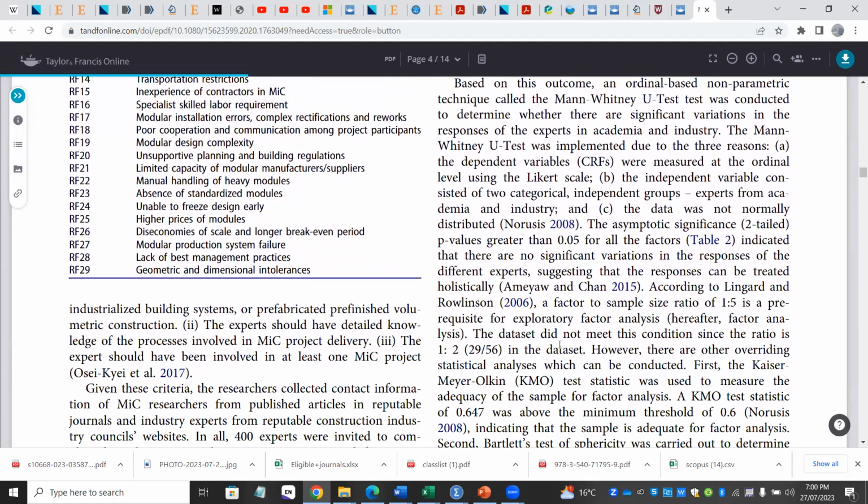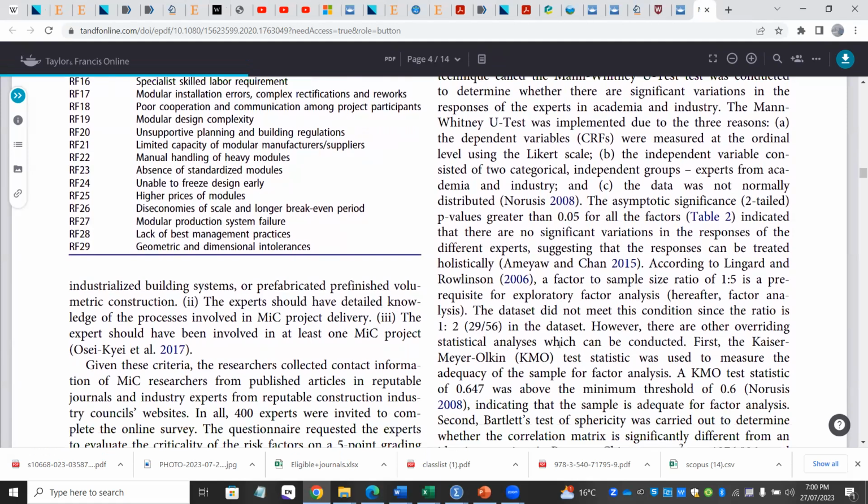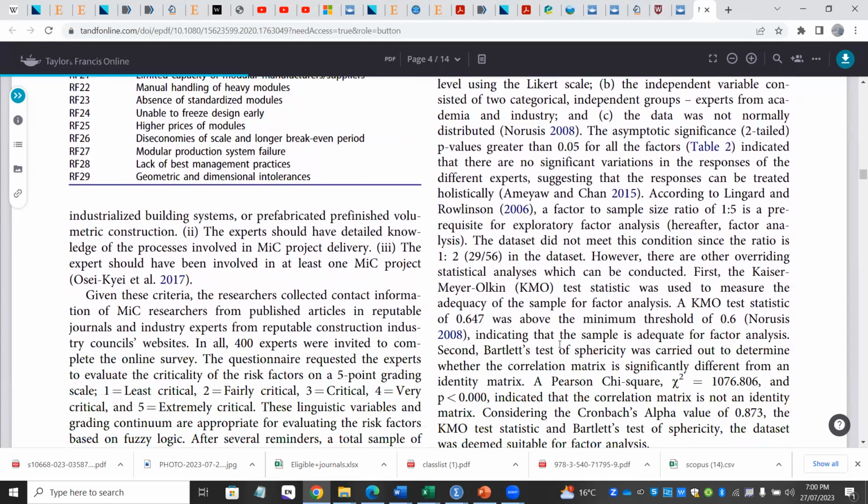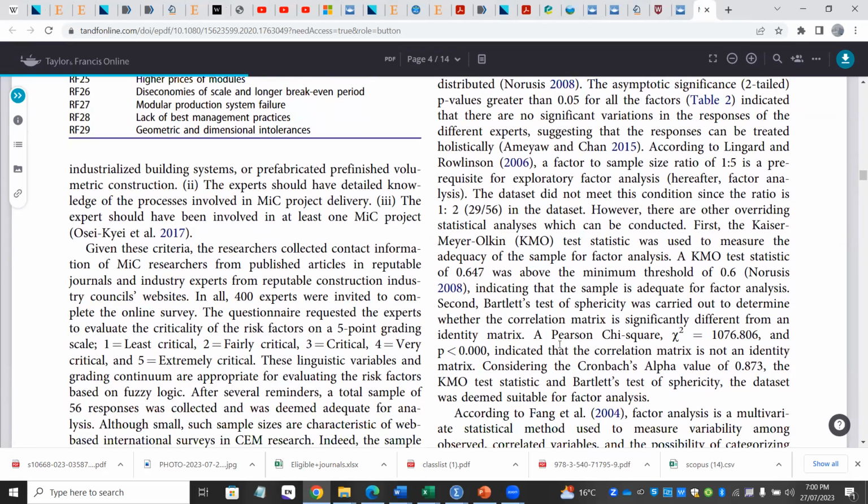Then after that, he went ahead to conduct the exploratory factor analysis. With respect to the exploratory factor analysis, he determined the KMO, the Bartlett test of sphericity, and also the correlation and all that.